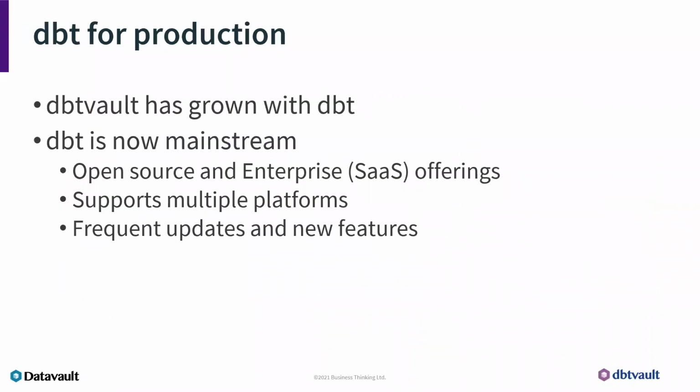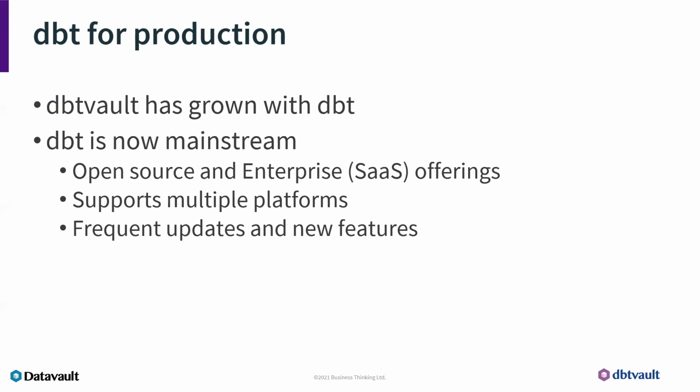So in the last few years, and especially in the last few months, dbt has been growing pretty much exponentially. And as dbt has been growing, dbtvault has been growing with it. People going to dbt, they may or may not be Datavault users, but they will eventually come across dbtvault because it is an official package.